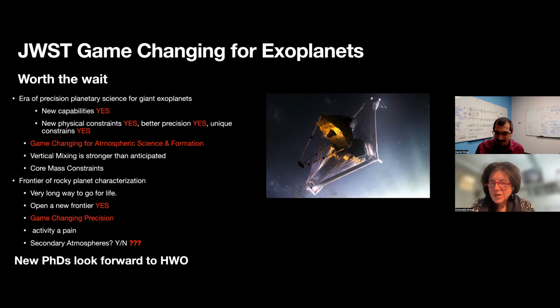Another related question: will there soon be weather forecasts for exoplanets? Well, we haven't really actually seen weather on an exoplanet yet, meaning you see the planet change from one epoch to the other. JWST could do it.